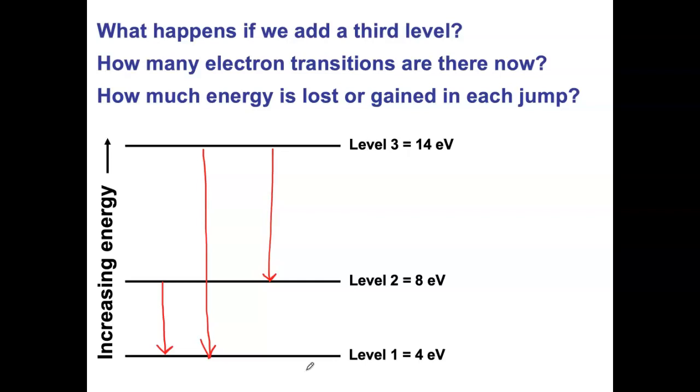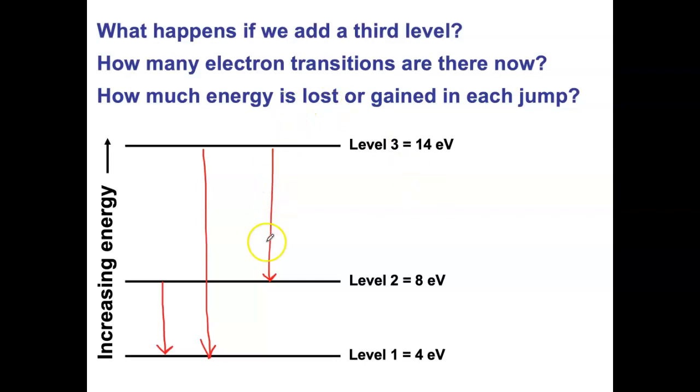These atoms are only going to give off 3 specific colors. The color that corresponds to 4 eV, the color that corresponds to 6 eV, and the color that corresponds to 10 eV. 3 possible transitions mean this atom is capable of emitting 3 possible colors, and only 3 possible colors.